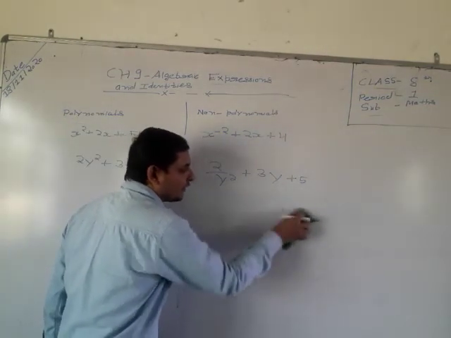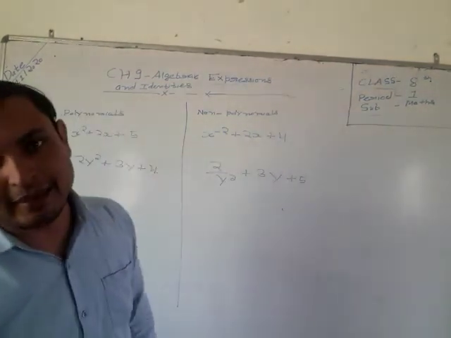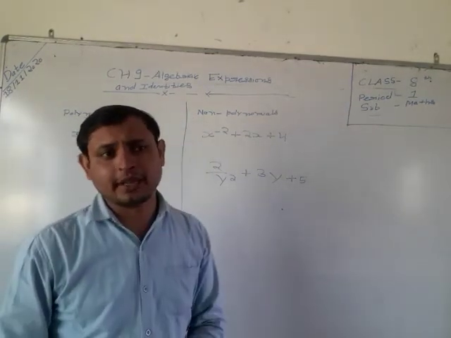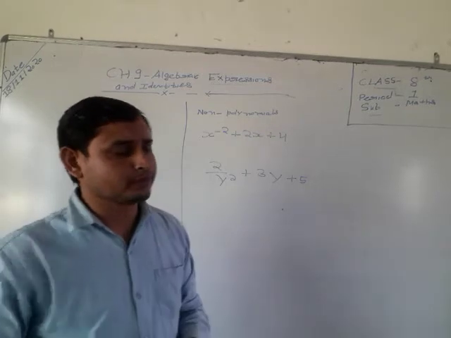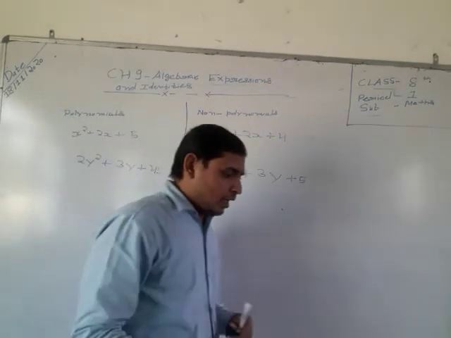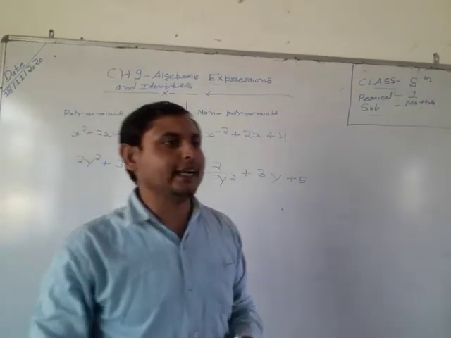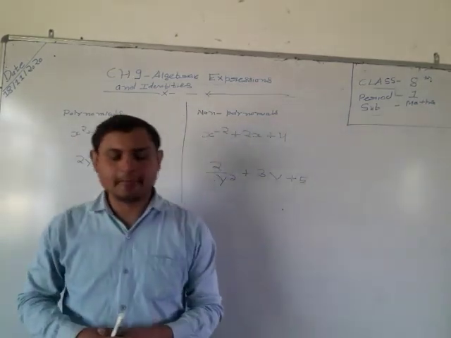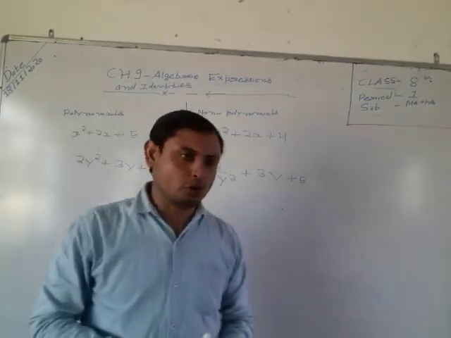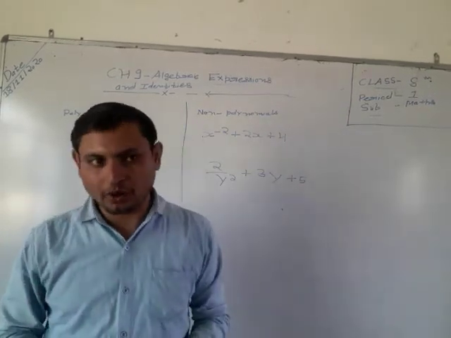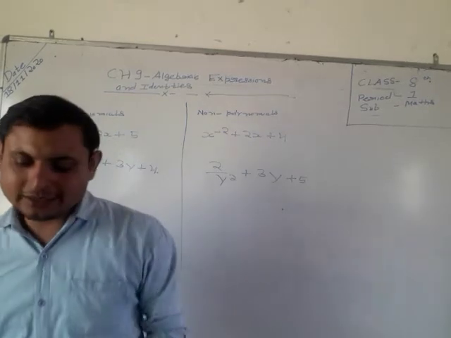I hope you understood the difference between an ordinary algebraic expression and a polynomial. Okay. So now there are some kinds of polynomials. Three kinds of polynomials are there basically: monomials, binomials, and trinomials. What are monomials?